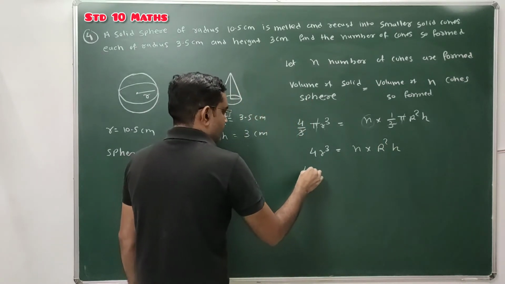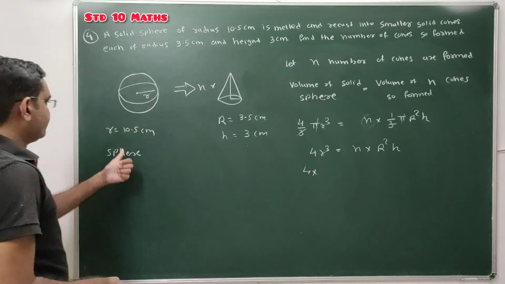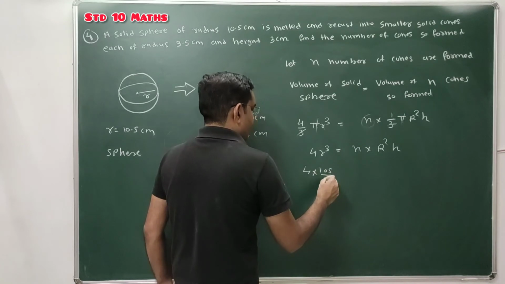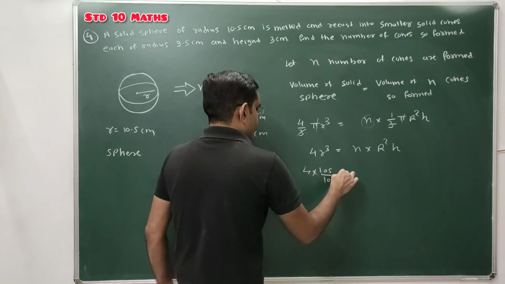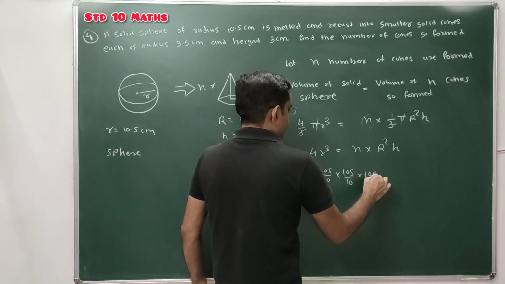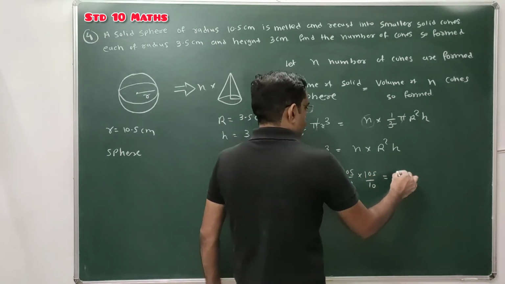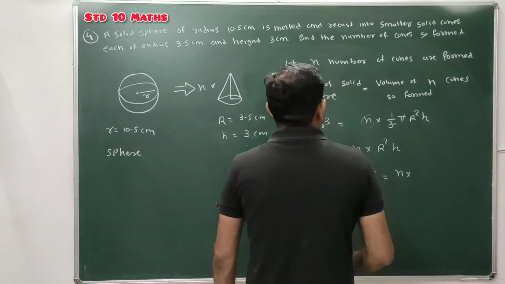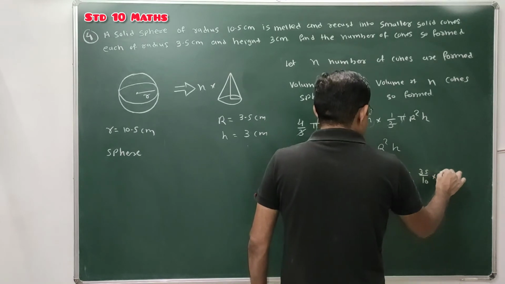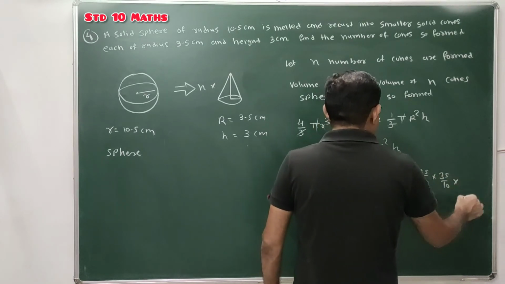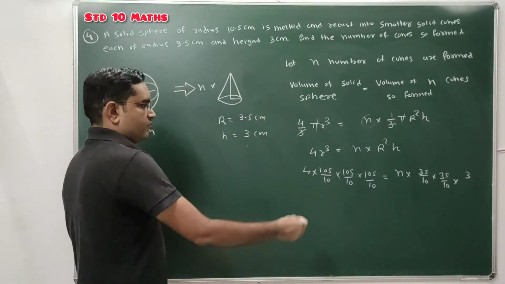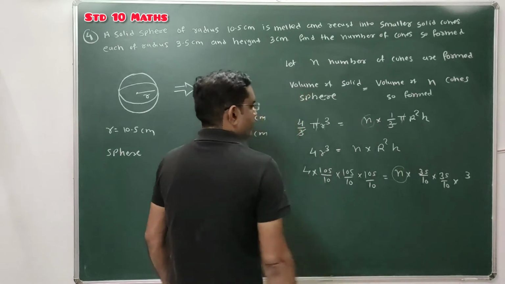Now put the values. 4 into small r 10.5, so we can write this as 105 by 10, 105 by 10 equal to n into capital R. Capital R is 35 by 10, 35 by 10 into h, which is equal to 3. Done. So now by simplifying you have to find the value of n.